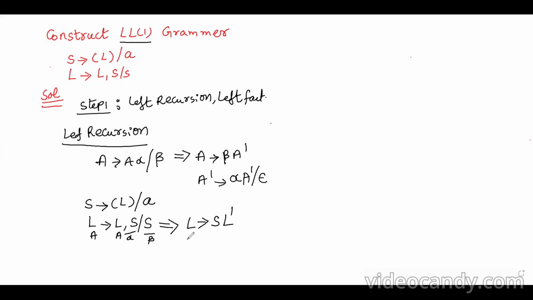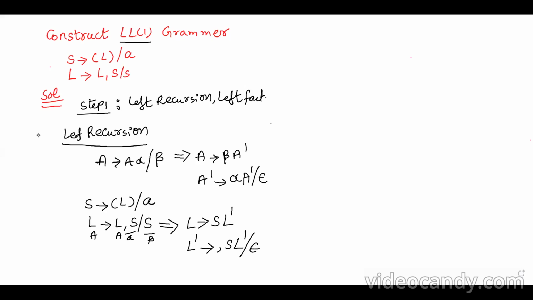Alpha is the given value comma S. So A dash means L dash tends to comma S L dash slash epsilon. Now this is called the problem without recursion.